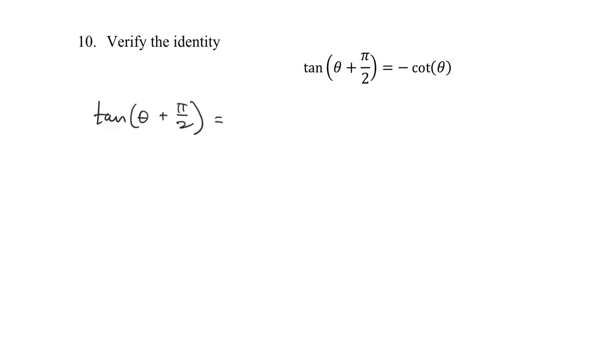So let's try using the ratio identity. Tangent is equal to sine over cosine. So if we do sine of theta plus pi halves divided by cosine of theta plus pi halves, now we can apply the sum identities for sine and cosine individually in the numerator and denominator.